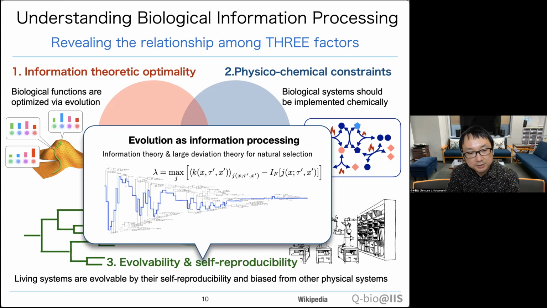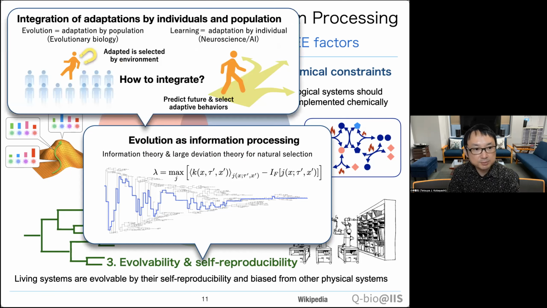Especially, we are trying to formulate and understand evolution as a kind of information processing by using large deviation theory and information theory. The motivation is to understand two aspects of adaptation in biological systems. One is individual adaptation, done by ourselves.